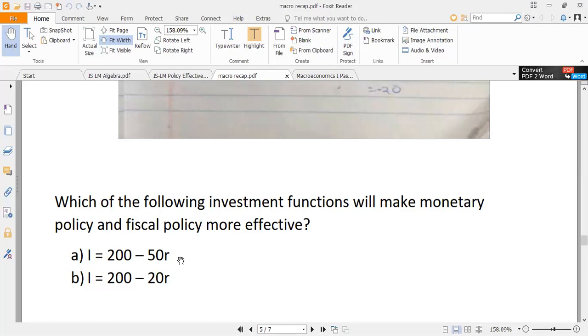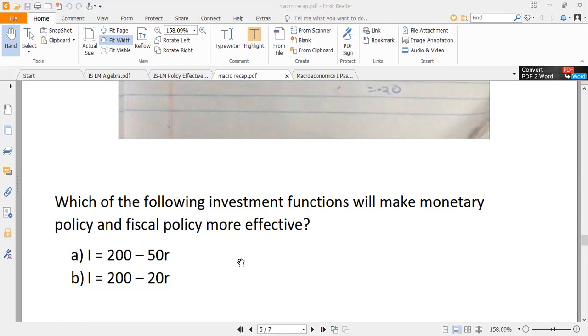When interest rate falls, investment can increase, thereby causing an increase in Y. So in the case where investment is very sensitive to changes in interest rates, after they increase the money supply, a small fall in the interest rate will cause a larger increase in investment, making the monetary policy more effective. So what you need to know is that when investment is more sensitive to changes in interest rates, monetary policy becomes more effective.